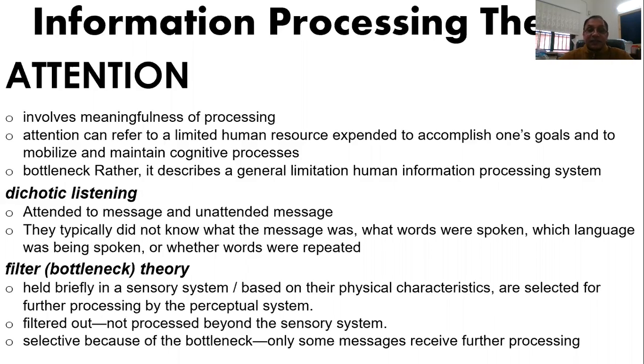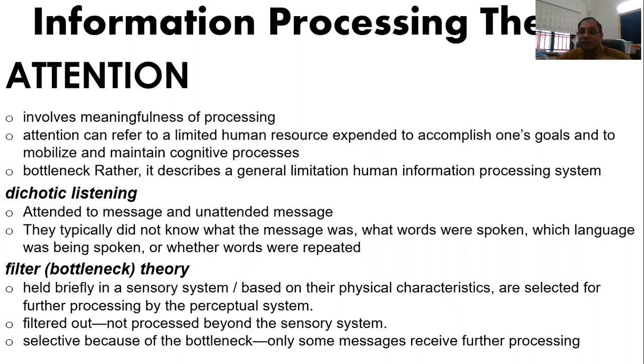The other one is filter theory, or the bottleneck theory. It says that information is stored briefly in a system, and it can only go into long-term memory, or into active memory, if a certain filter is removed.